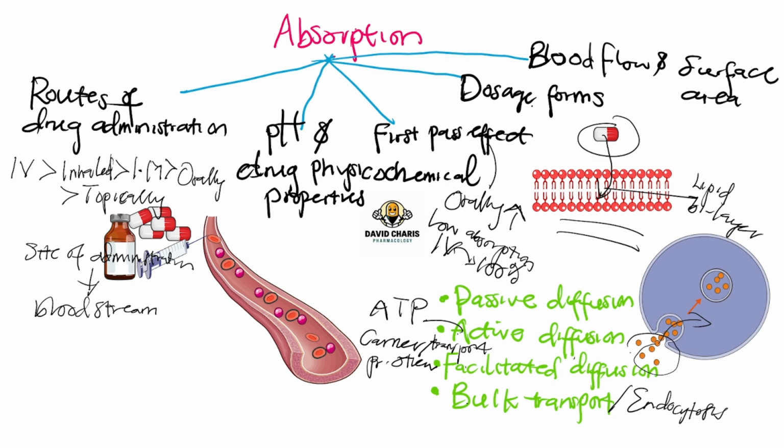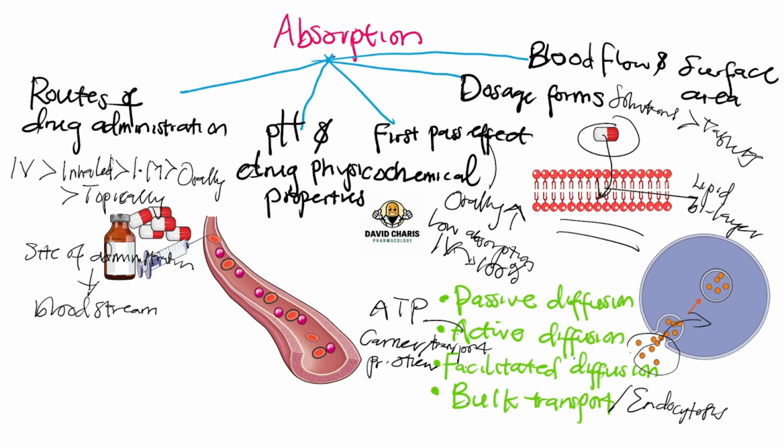We have dosage form. It is common sense that drugs in the form of solutions or suspensions are absorbed faster than drugs in the form of tablets or pills. And of course, the blood flow and surface area also influence the rate of absorption of a drug.